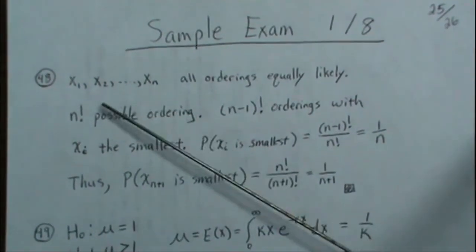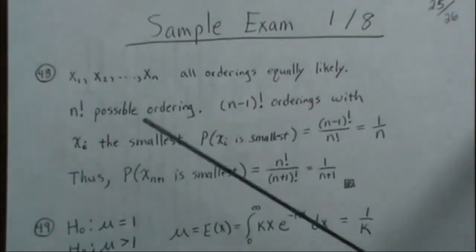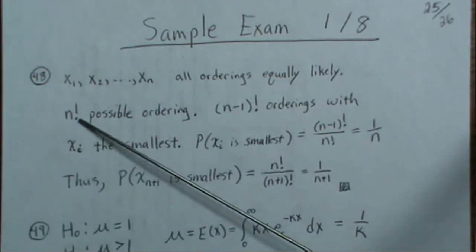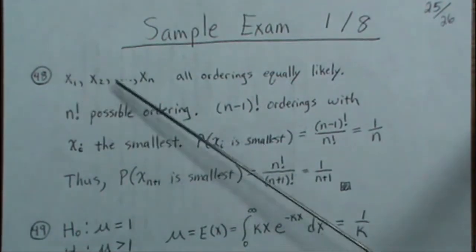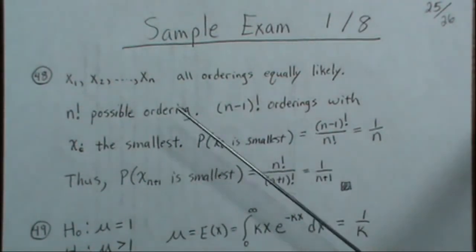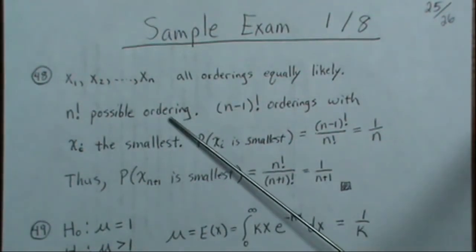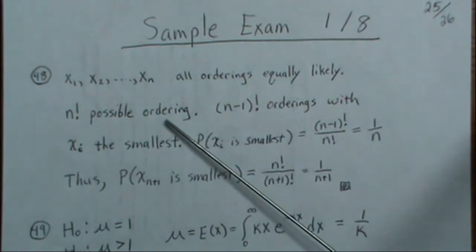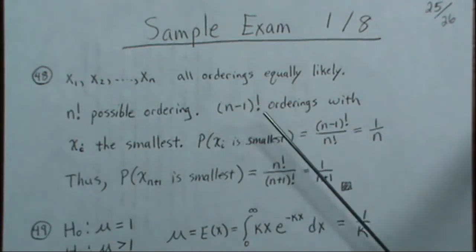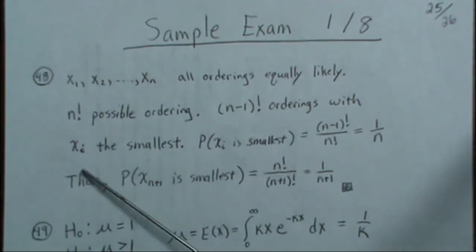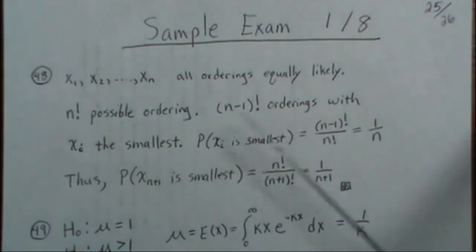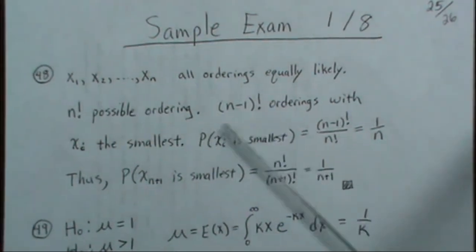Since they're all equally likely, there are n factorial possibilities of these orderings, and they're all equally likely. But now, if we let any one particular value, say xi, be the smallest, then the ways that we can order the rest of them are n minus 1 factorial.